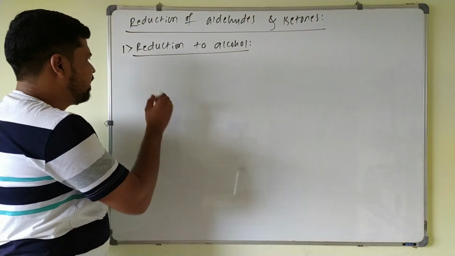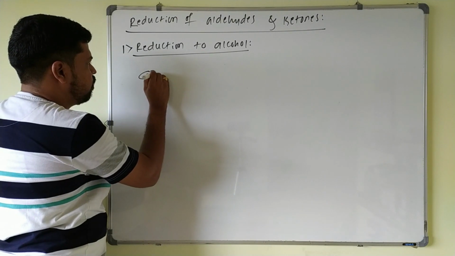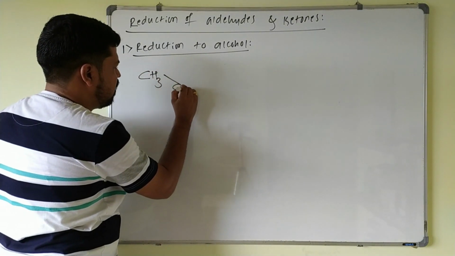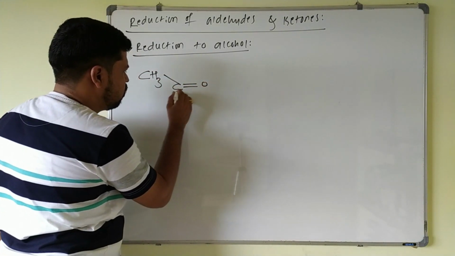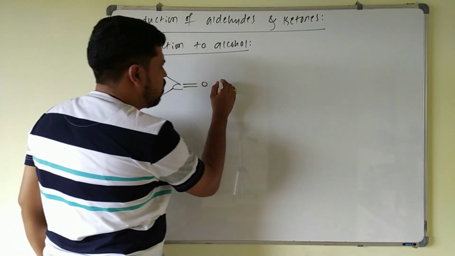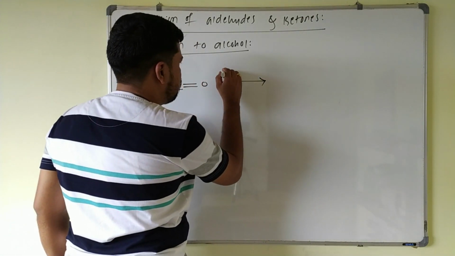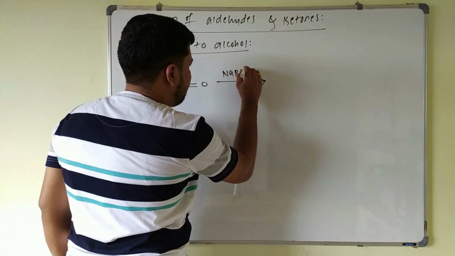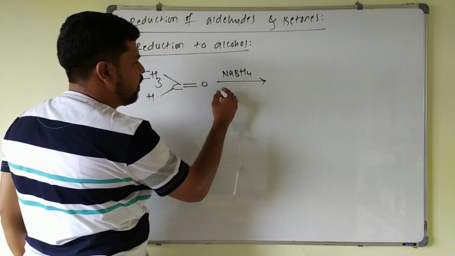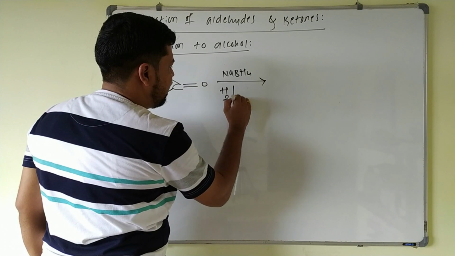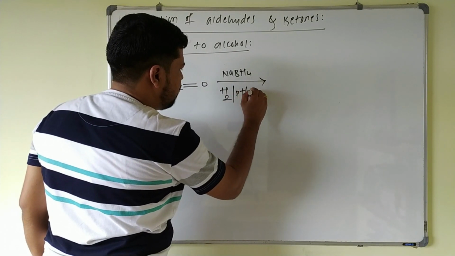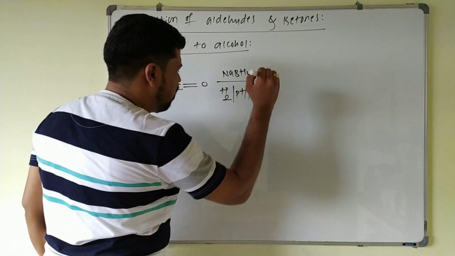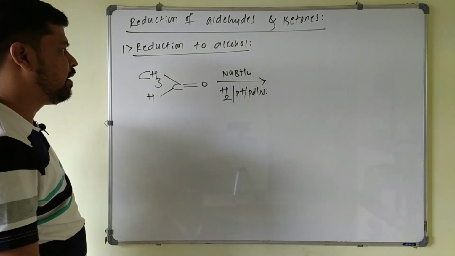So now if I take an example of acetaldehyde, this on treating with sodium borohydride, this is a reducing agent, or you can take catalytic hydrogenation in presence of platinum, palladium or nickel, anything you can take here. What happens?